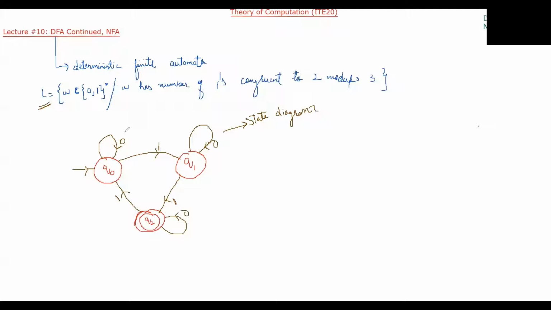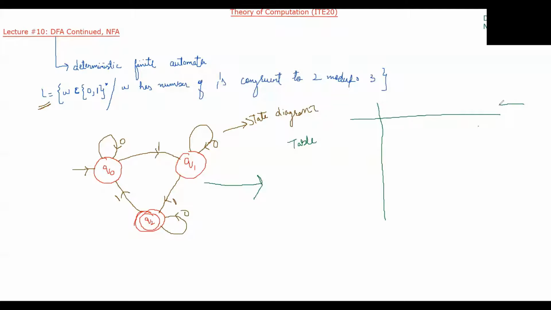There is another way of representing this particular DFA, and that is by representing this information using a table. So how can we design a table? The table is designed like this.